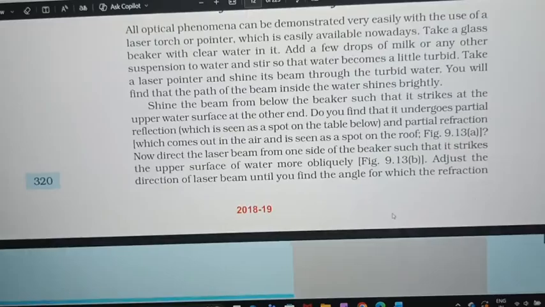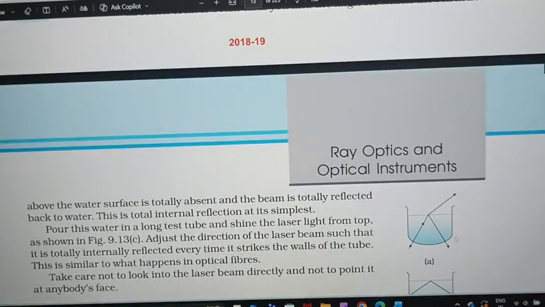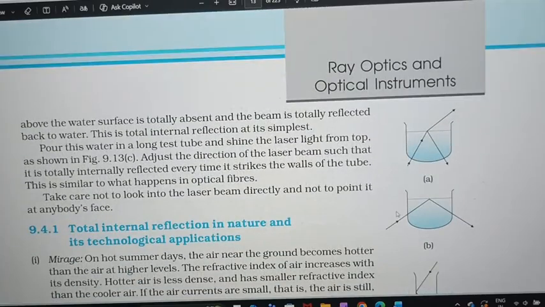Now over here you can see, in the first scenario you put the angle of incidence in such a way that reflection is also taking place, refraction is also taking place. Then you put the angle of incidence in such a way that total internal reflection should take place. That means my angle of incidence should be greater than the critical angle.